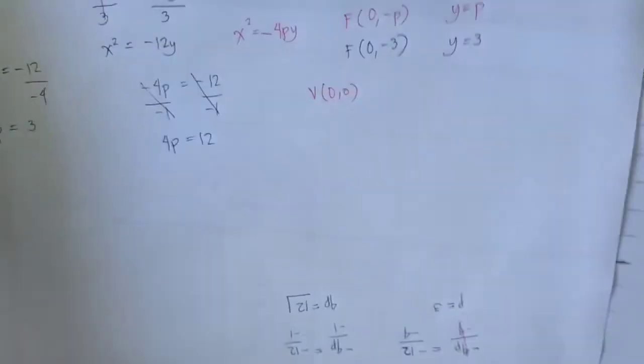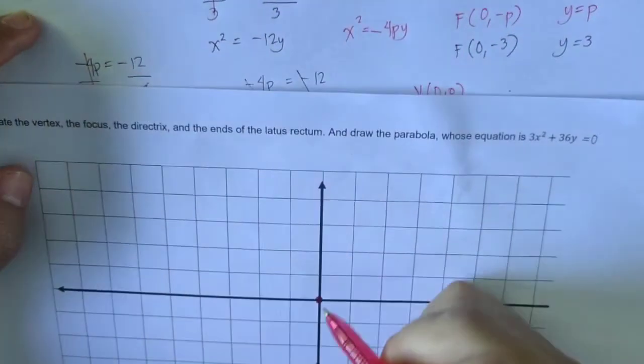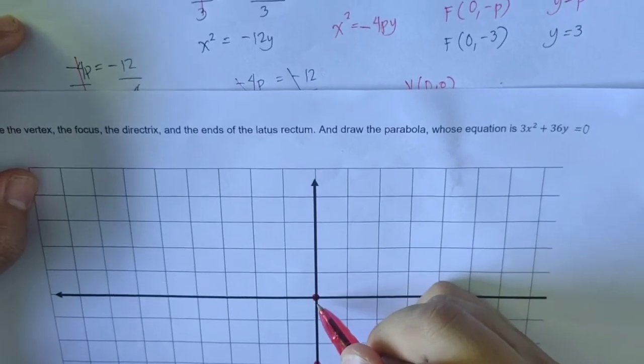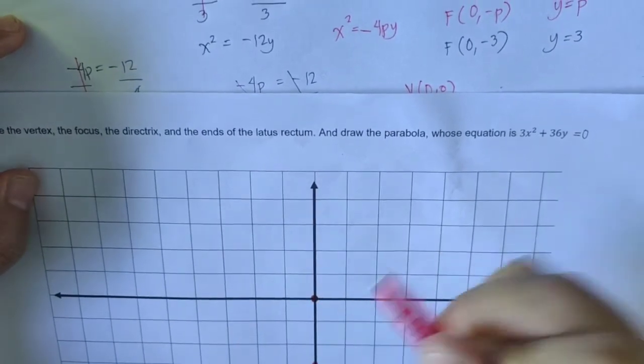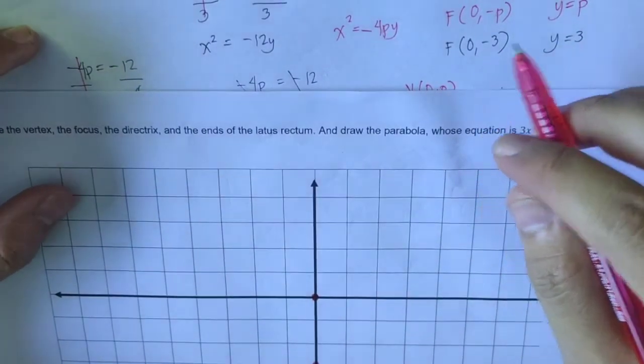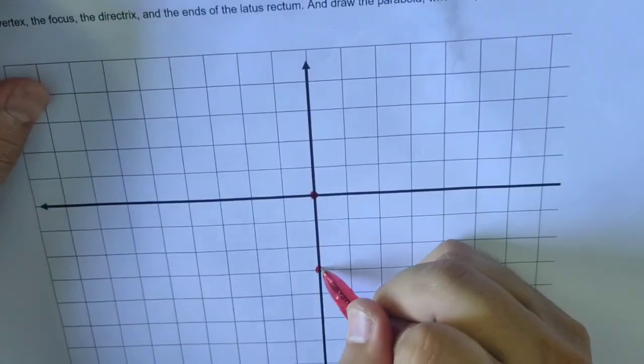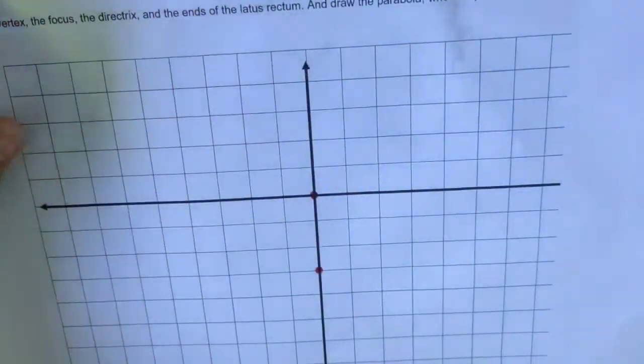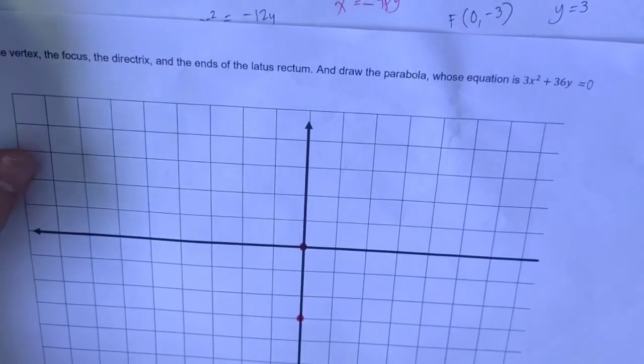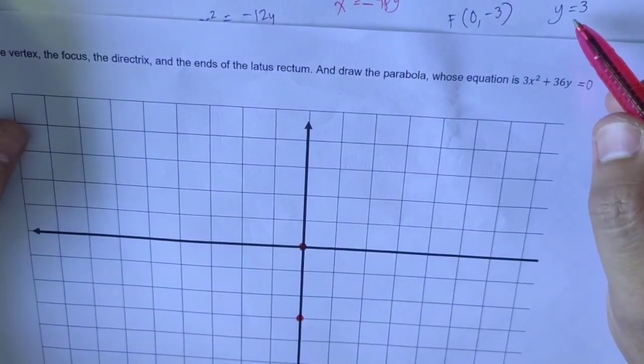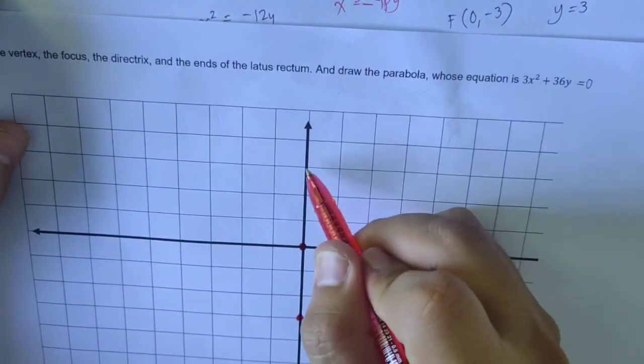So, unahin natin yung vertex natin. So, sa middle, sa origin, 0 and 0. Next, focus natin is 0 and negative 3. So, dito yon. Next, ang equation ng directrix natin is y equals 3. So, dito yon.